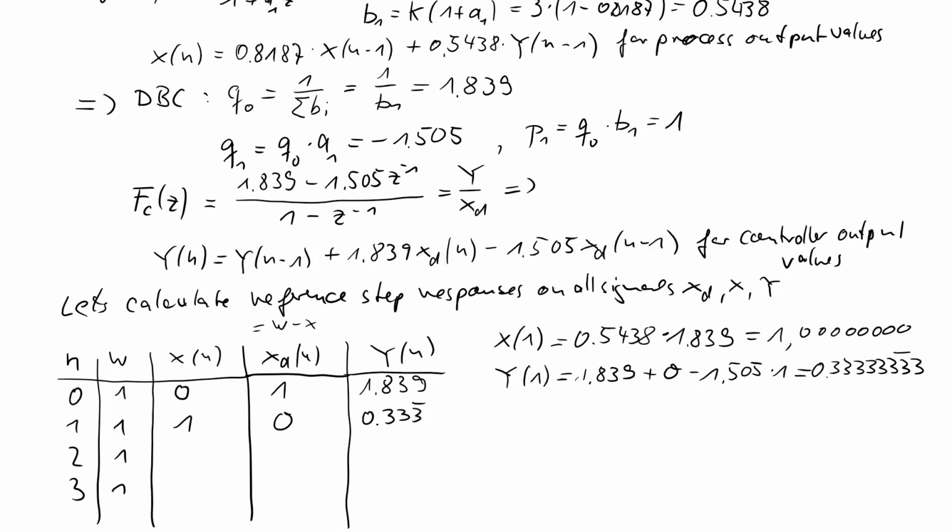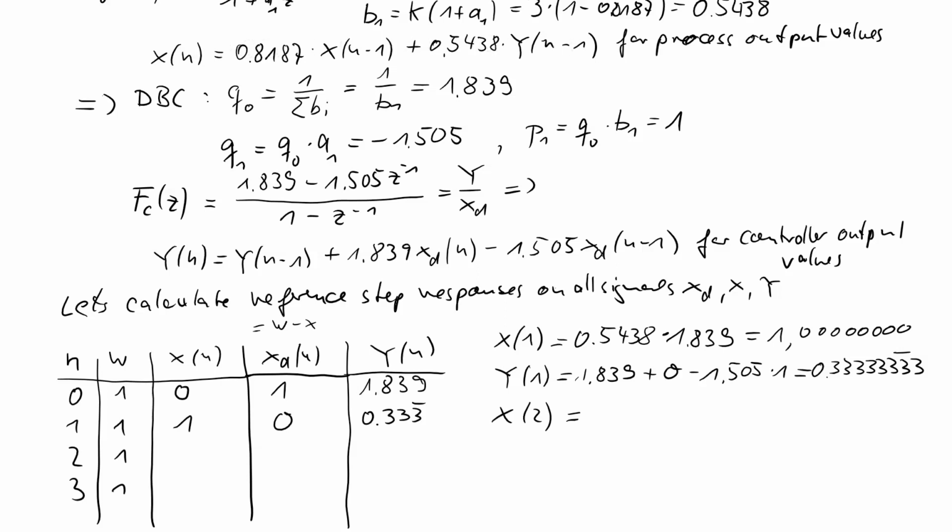So this looks good. The reference, the process output, after one step is our desired 1, but now this should stay at 1, and this should stay at 0, and we want to have the controller output which is necessary to stay at 1. So let's calculate for n2 the x process output value with this equation.